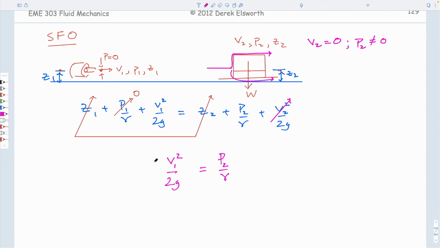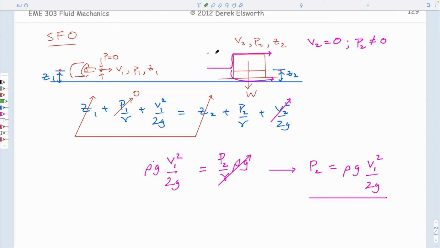We could multiply both sides by rho g and rho g. That gets rid of these terms. Unit weight is this. And so we have exactly what we want, which is the pressure at point 2 is equal to density, gravity, velocity 1 squared over 2g. And that allows us to be able to calculate everything we need.